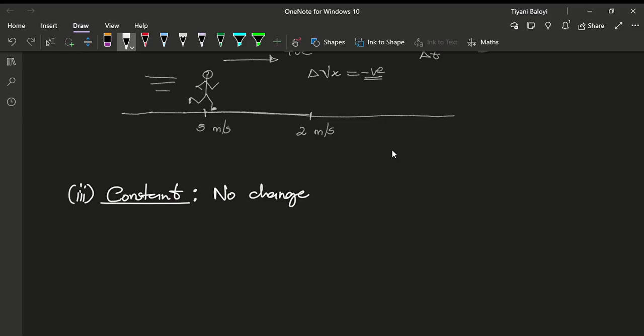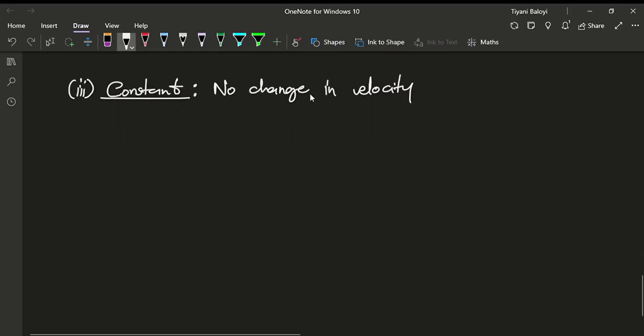Let's draw, because I like to draw to show you what's happening, since things are much easier to understand when you visualize them.